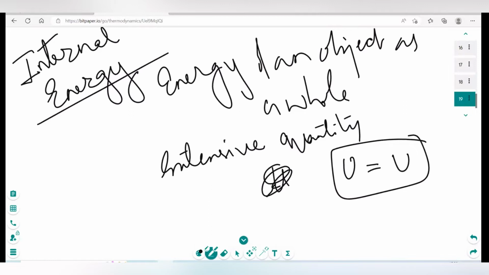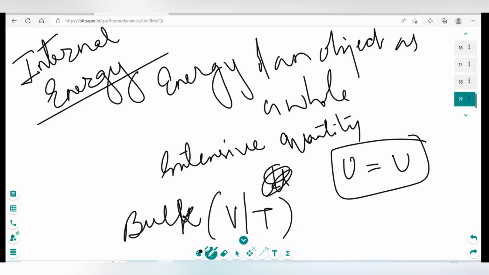I told you in the first class. Macroscopic means bulk systems. Bulk. Can you imagine? Huge. And what are the macroscopic variables? Volume and temperature. These are macroscopic.